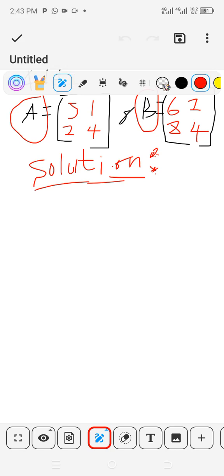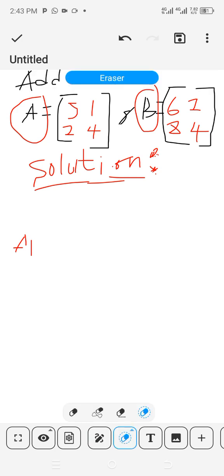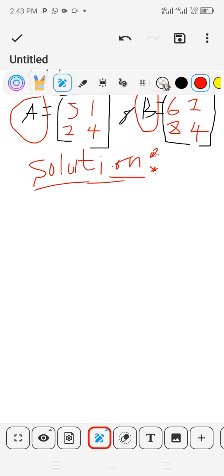We have matrix A plus B is equal to, what are the elements of matrix A?